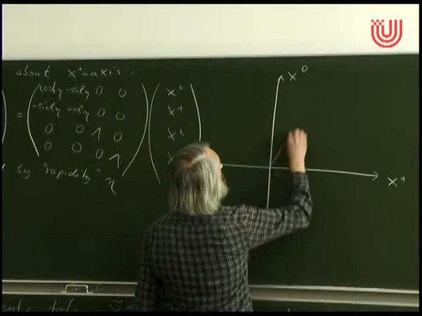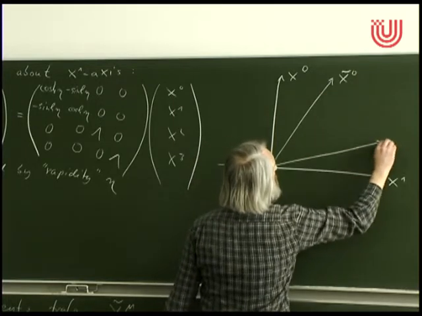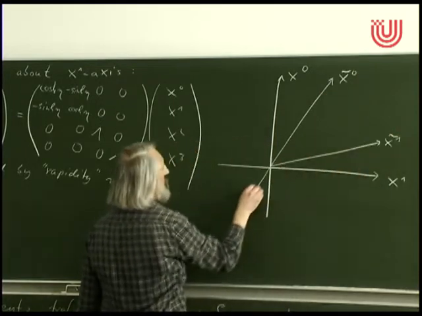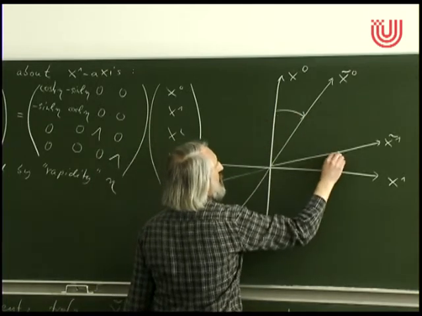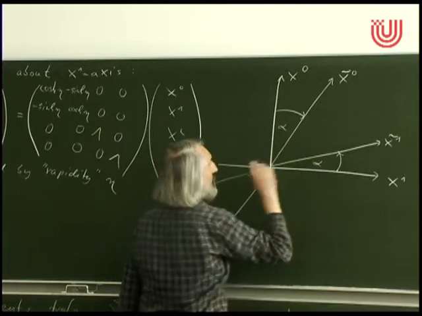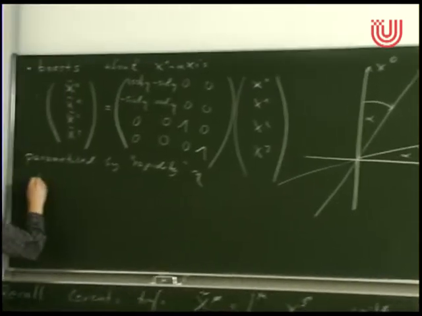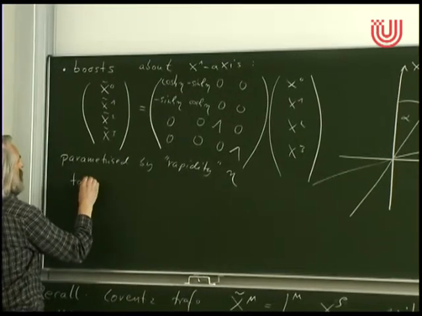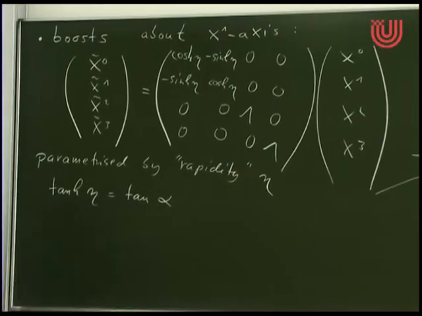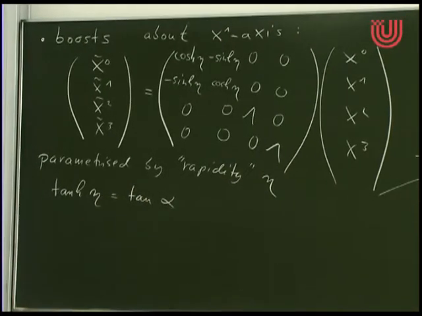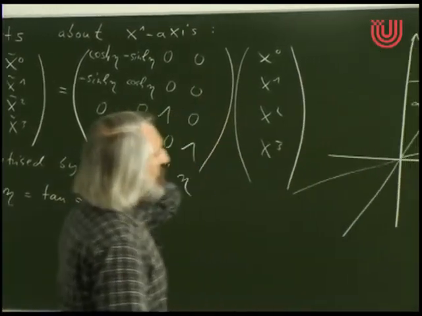Now I have my x0 tilde axis here and the x1 tilde axis here. And here I have the same angle as I have here. This angle alpha is determined by this rapidity eta. And what we have is that the hyperbolic tangent of eta is the ordinary tangent of alpha in the picture. That's what you can verify if you play a little bit around with these expressions.